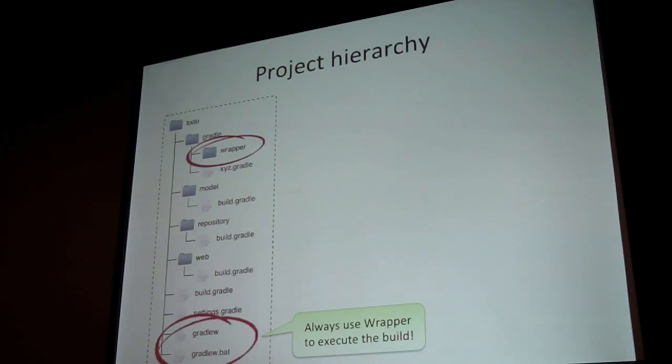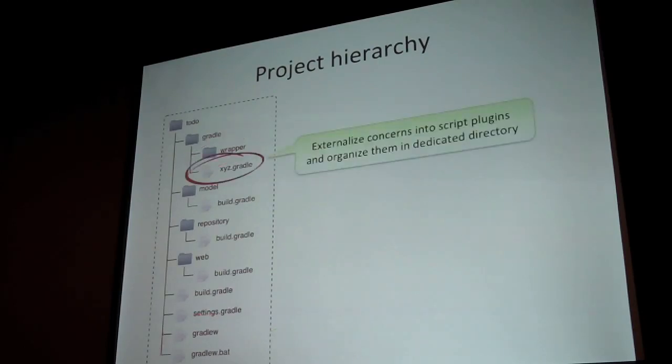If you run one of these shell or command line scripts, it will automatically download Gradle with a specific version that you defined in your project and make sure that you have a reliable build. So you don't actually have to tell every developer on your team, install Gradle with version 1.5 or what have you. You simply define a wrapper, and I highly recommend using the wrapper. You can also run it later on the continuous integration server. So there's actually no setup needed, which is great.